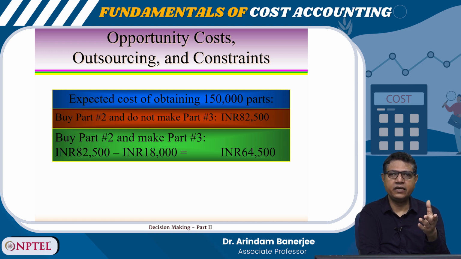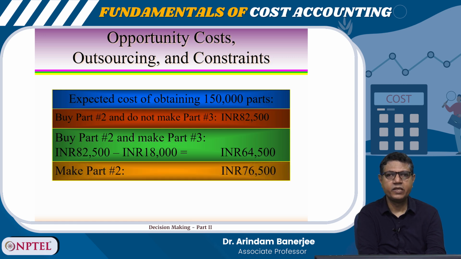So 82,500 is the cost, and the incremental operating income it is getting is 18,000. So the cost will effectively become 64,500, right? And if it makes part 2, then the cost will be 76,500, which we have already calculated, right?